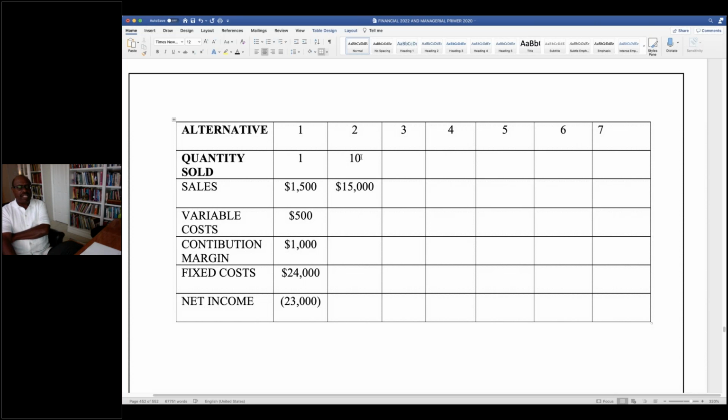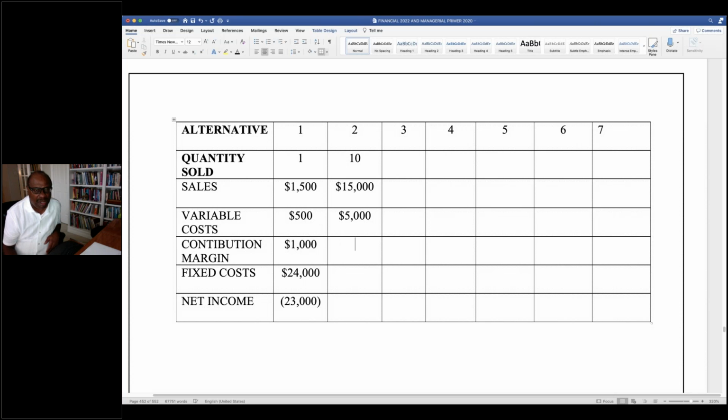How do we get 15,000? We multiply 10 times 1,500. Our costs are going to be 5,000. We multiply 10 times 500.